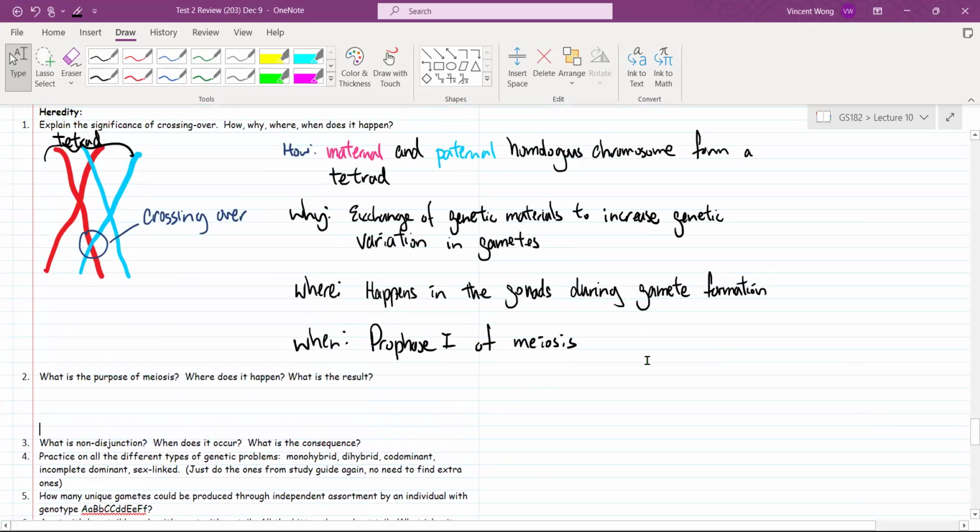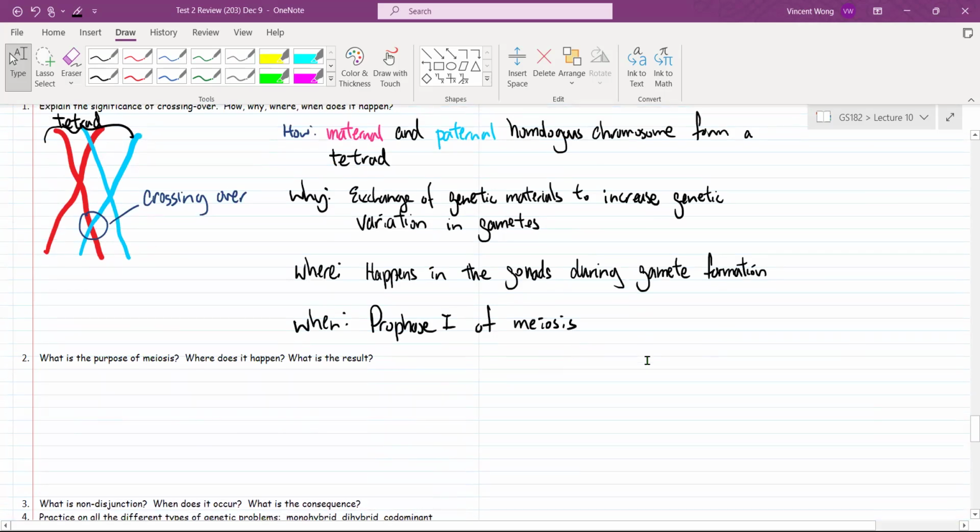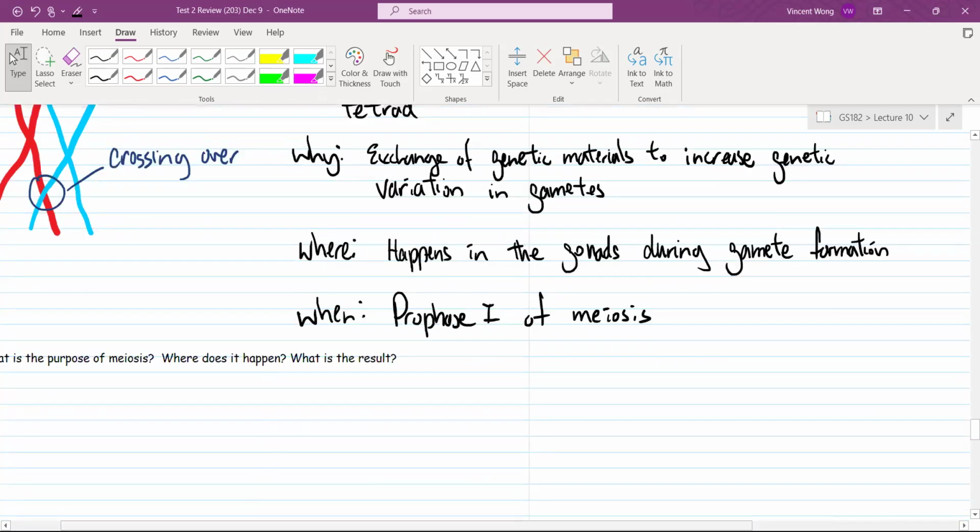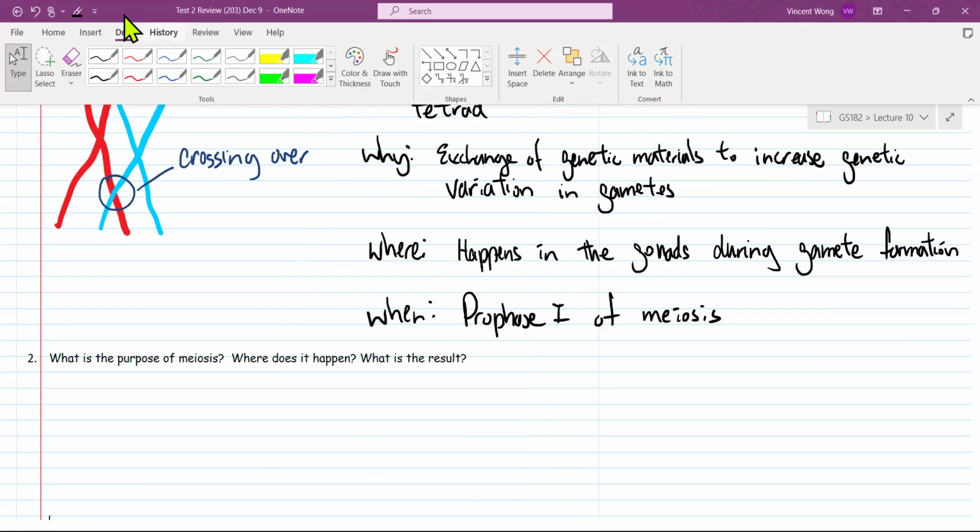Okay, next. What is the purpose of meiosis? Where does it happen? What is the result? So meiosis is the process of gamete production.